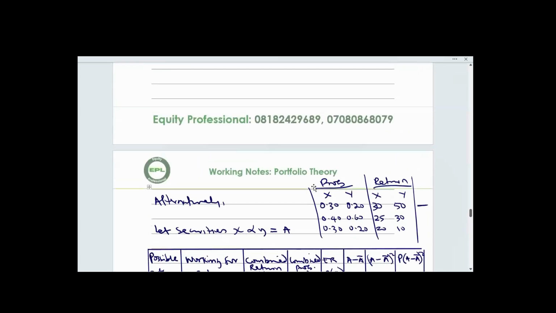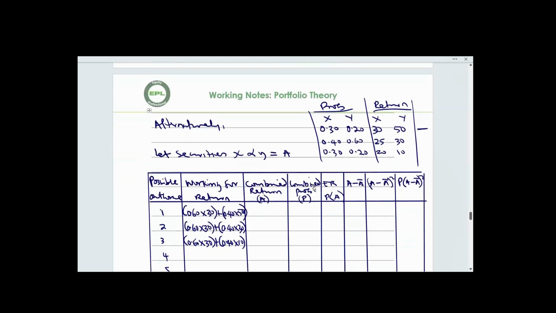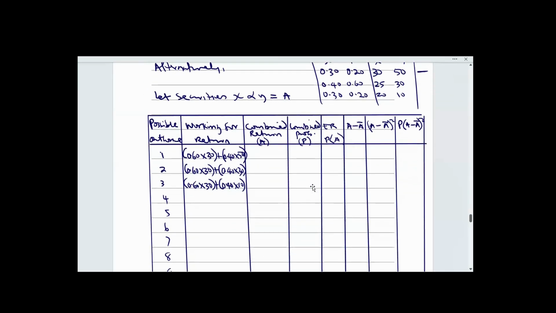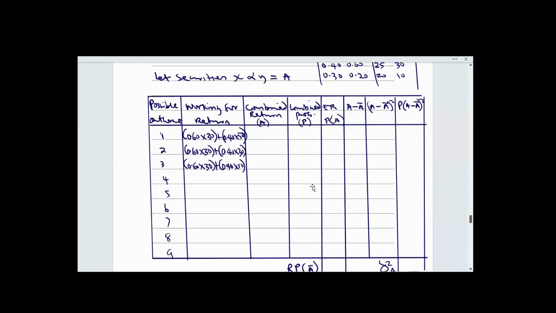The return of security X, the first one, is 30. That 30 will remain constant, then you vary the return of the other security. That's why you are seeing 50, 30, 10. But 30, 30, 30 is constant. So you then move to the next one. The next return for security X is 25. So here will be equal to 0.60 multiplied by 25.